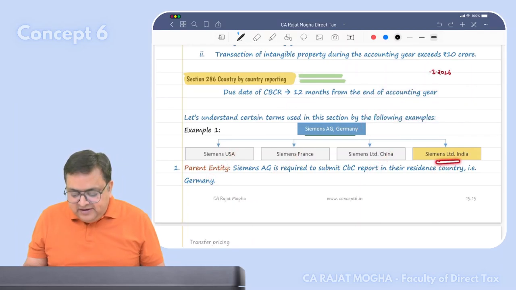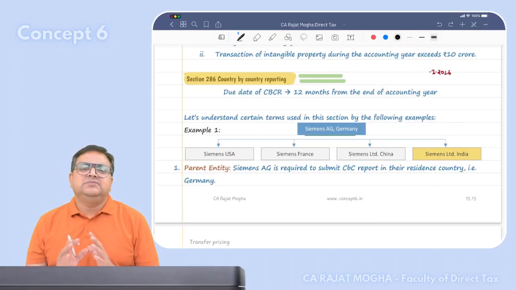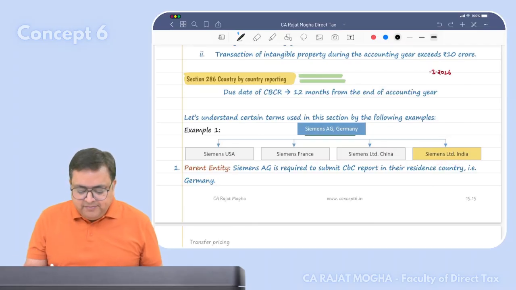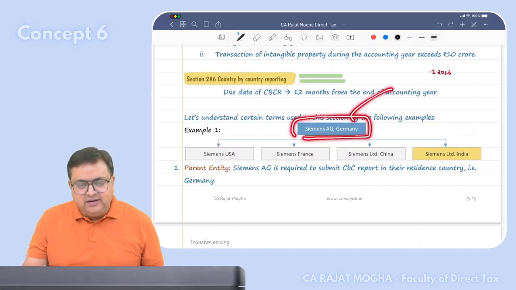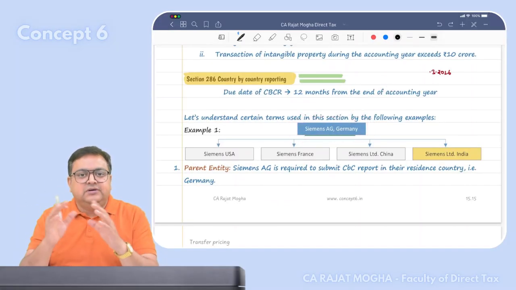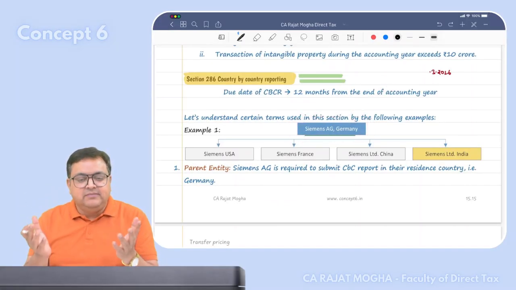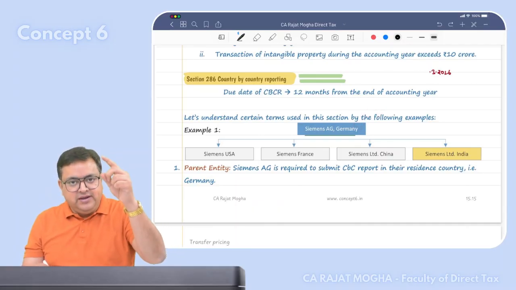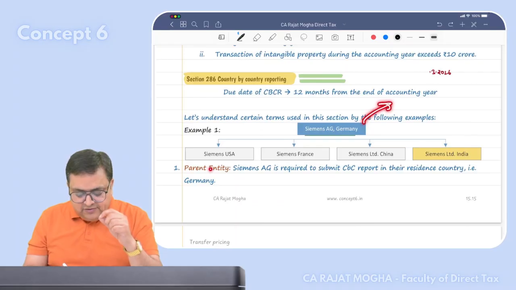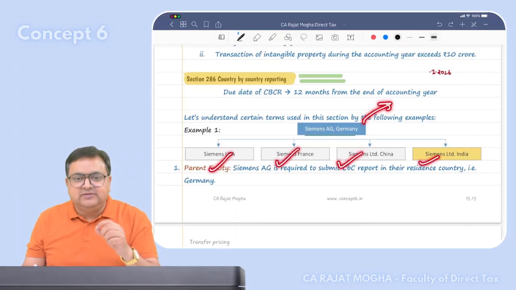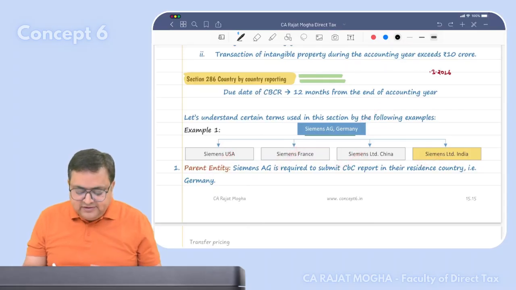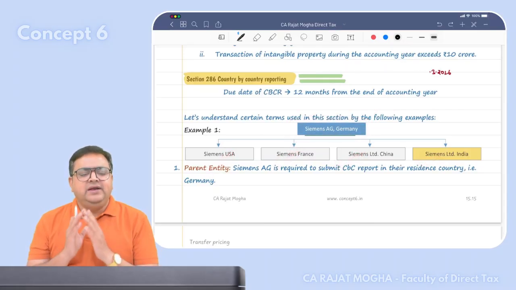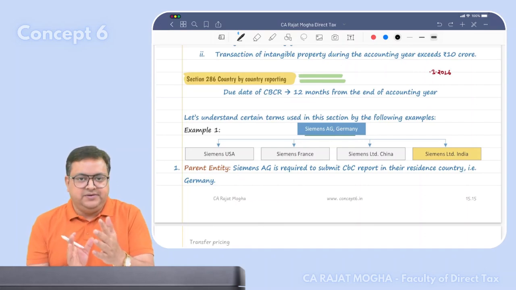So is Siemens India required to file CBCR? Generally, no. Why? Because Siemens Germany will file. Obviously the report, all the transactions and the data would be the same. So Germany would be filing in their own country, and their country would be sharing this information with us, right? First thing.